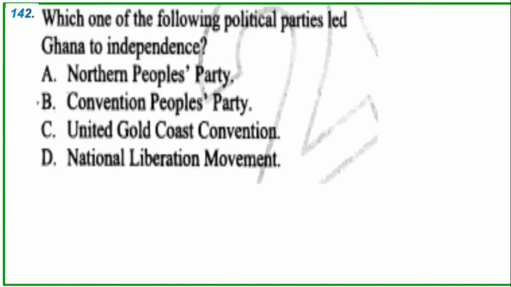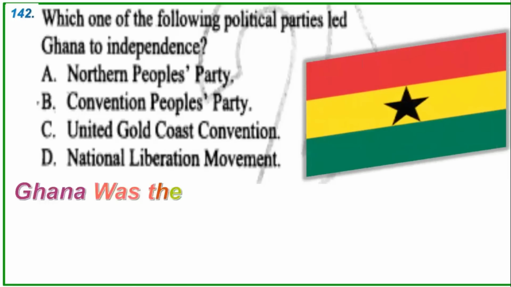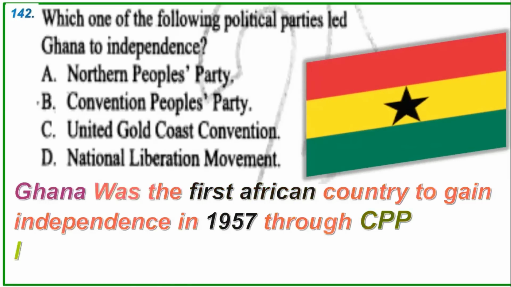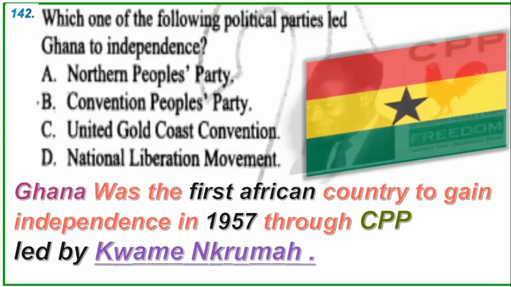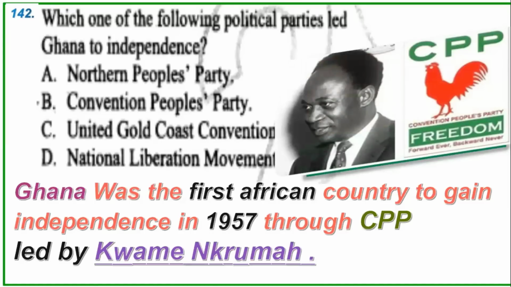Question 142. Which one of the following political parties led Ghana to independence? Northern People's Party, Convention People's Party, United Gold Coast Convention, National Liberation Movement. As we all know, Ghana was the first African country to gain independence in 1957 through the CPP, which was led by Kwame Nkrumah.